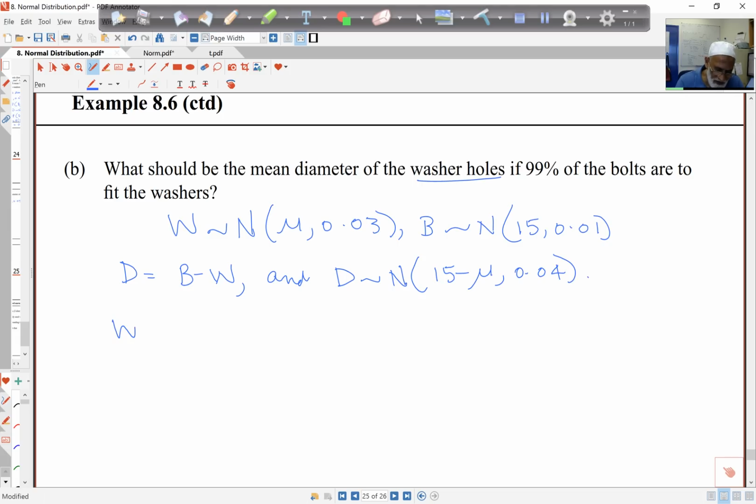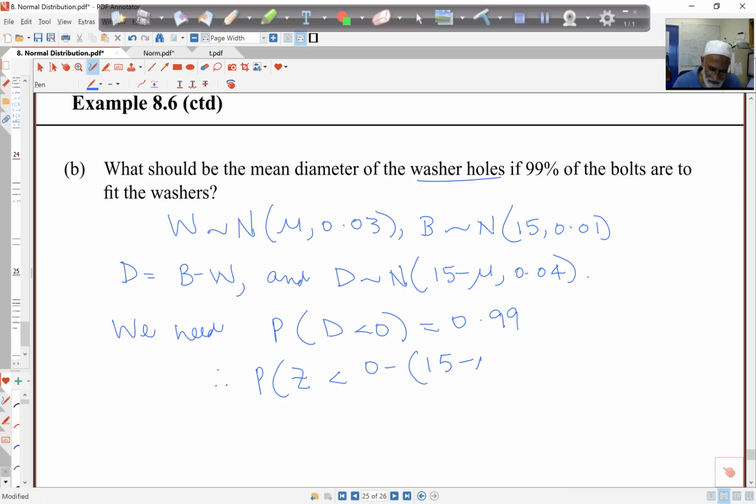And the variance is still 0.04 as before. What I want is 99% of them to fit. So that means D less than 0 is 0.99. In other words, if I standardize this, I get Z is less than 0 minus the mean, which is 15 minus mu, over the square root of 0.04, and that should be 0.99.